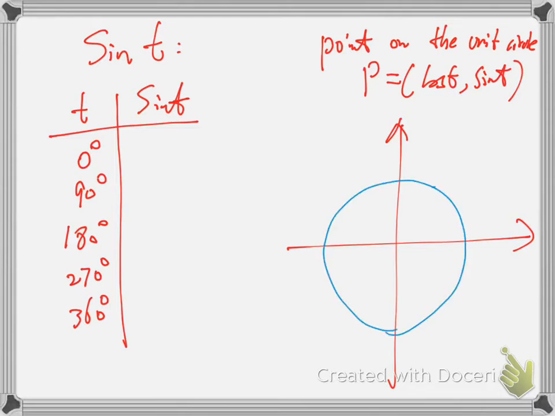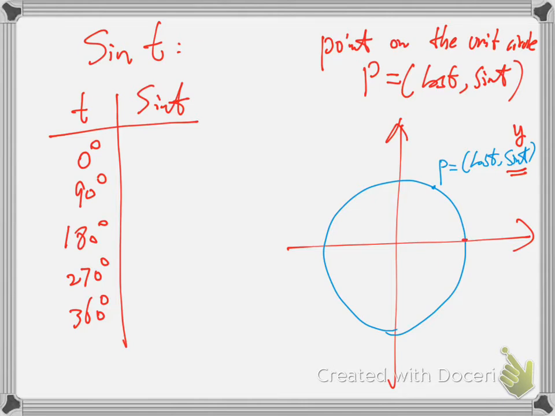Any point here is cosine t, sine t. We want to find sine t, so the y coordinate of the point will be sine t. To find the output sine t for a particular angle, we just need to find the y coordinate for the corresponding point.